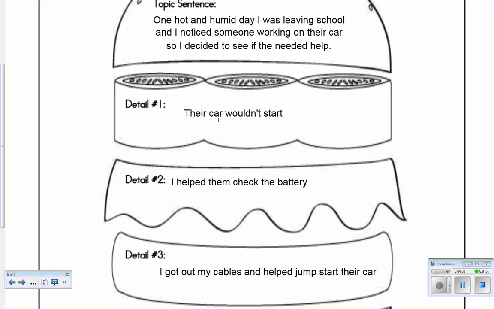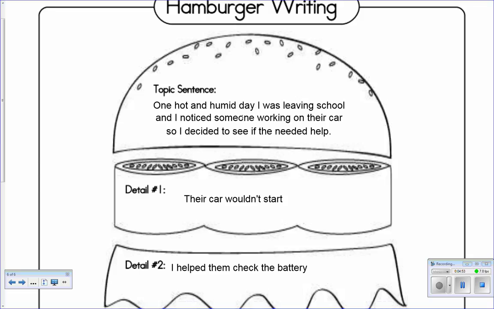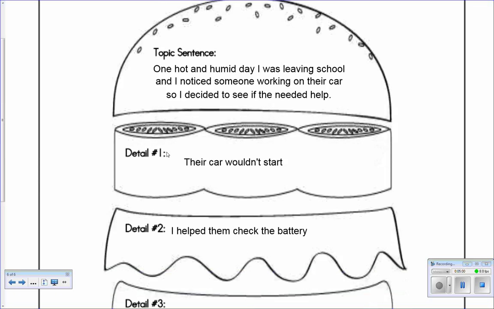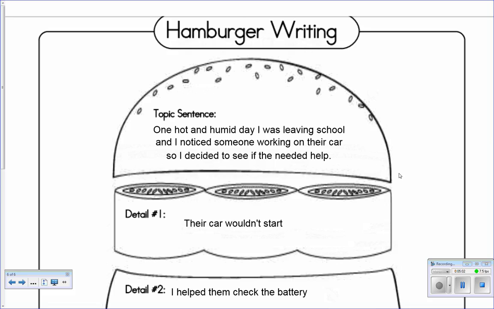Please remember, your 3 details that support your story do not have to be complete sentences. Just a couple of words that tell me what are the 3 things that happened when you were helping the person. If you want, you can transfer your topic sentence from inside your writer's notebook onto this sheet. Put your 3 details on it, and then I want you to put this sheet inside your green folder.